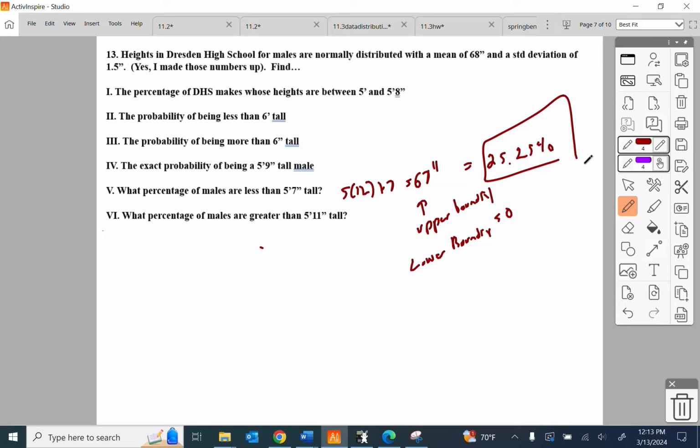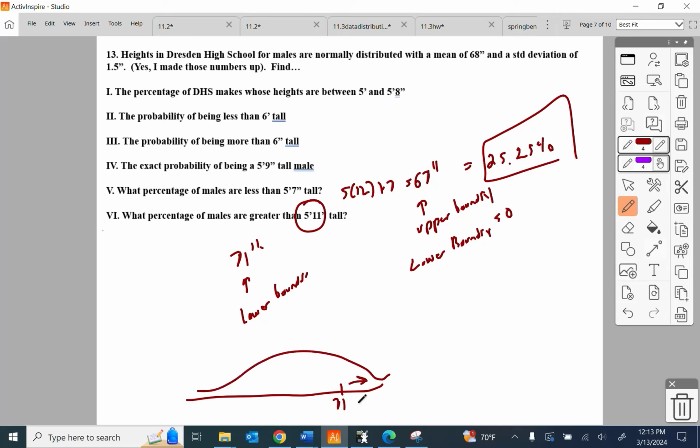But it was not. What percentage of males are greater than 5'11"? We're going to do the same thing. We're going to do normal CDF, but 5'11", which again is going to be 71 inches, is going to be your lower boundary here. Now, if you're wondering why I'm doing that, because I'm kind of thinking like 71's over here, I'm talking about people above. Still thinking about the bell curve, by the way.